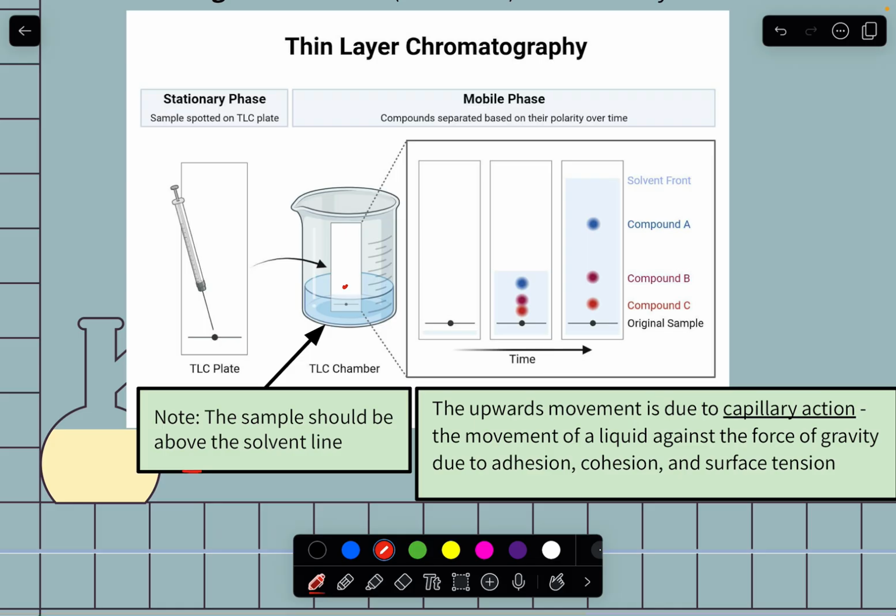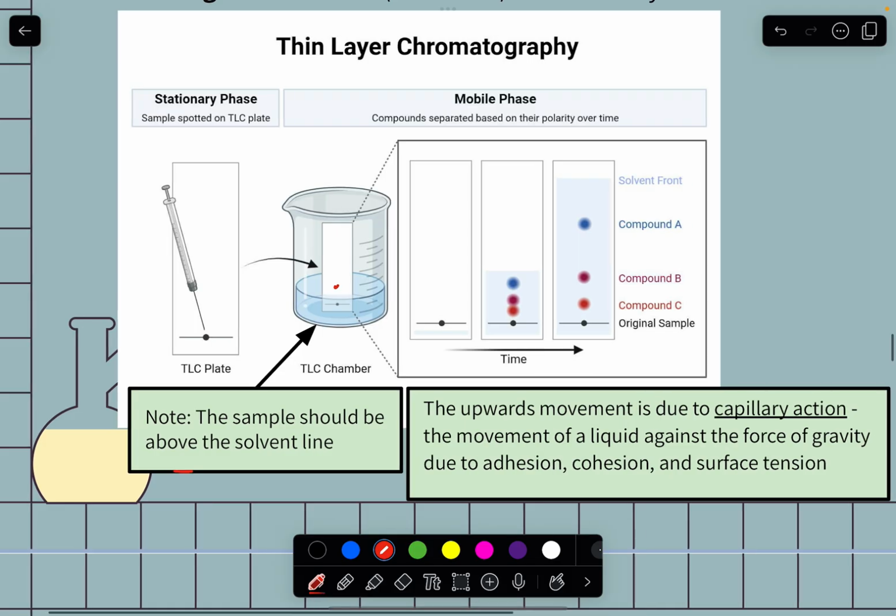It doesn't have to be water. The solvent is going to climb up the paper, and as it does, it's going to take the compounds up with it. Whatever we started with here was made of 3 different things, so we can separate based on polarities. That upward movement of the water is called capillary action.